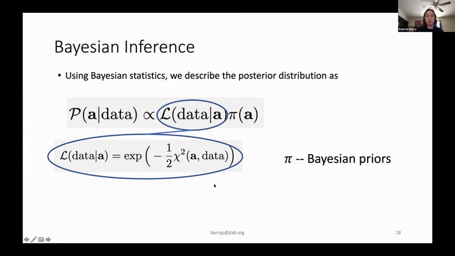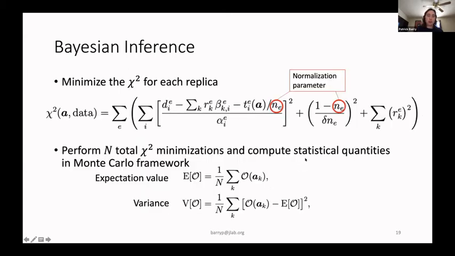So we have to maximize the likelihood of the data given the parameters, and that effectively goes into minimizing the chi-squared. What I show here is what we use for the chi-squared, and let me walk through these terms a little bit. We first sum over all the experiments, and then inside of that sum, we sum over all the data points.